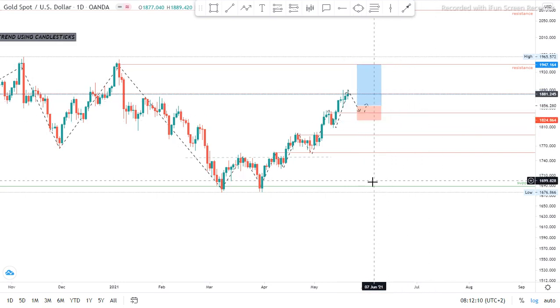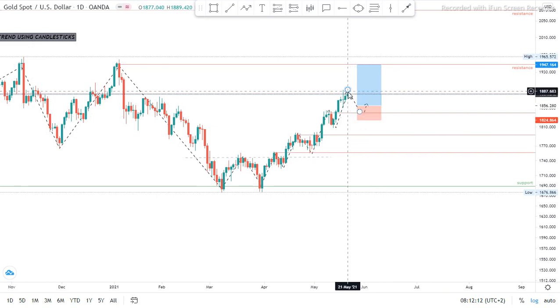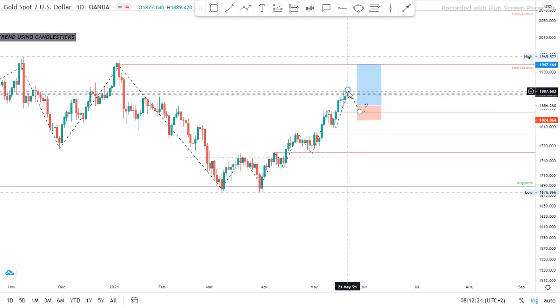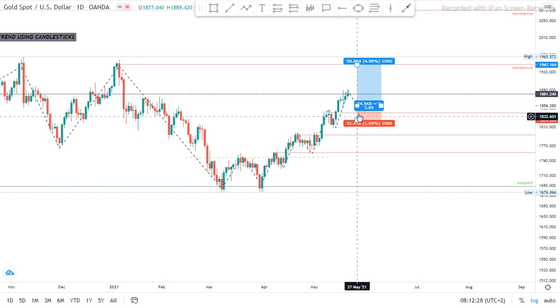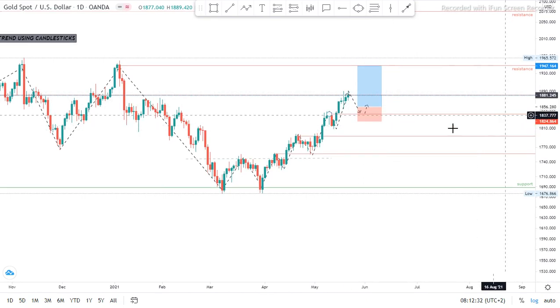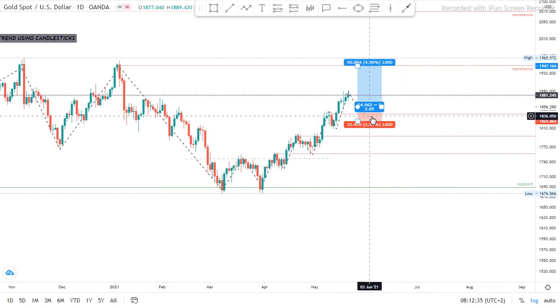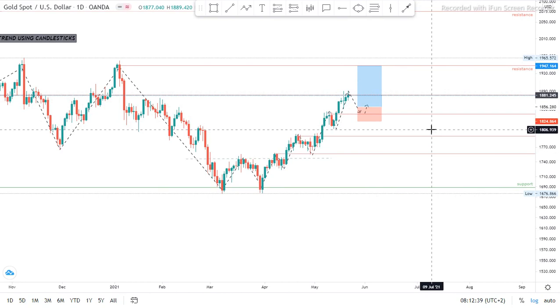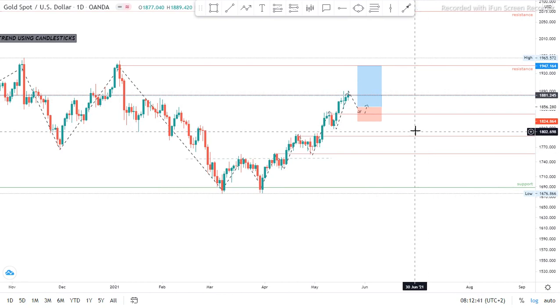All right, guys, but this is on a daily, so what could happen is it can take a week or even 2 weeks. It can take 2 days, depending on how volatile the market is, how much volume there is in the markets in the weeks to come. So it can take some time for the market to get here. What I would do in this situation is simply set an alert so that whenever price does get here, I get a notification on my phone, and then I know it's time for me to start monitoring gold.